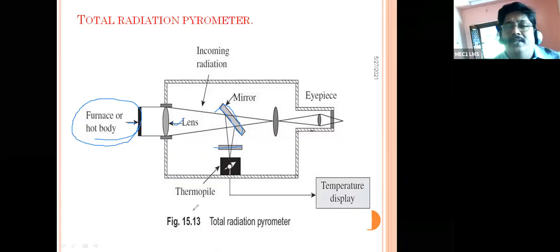Here, the thermopile is nothing but one of the devices, like a thermistor, which is used to measure the temperature. In other words, we can also place a thermistor here.